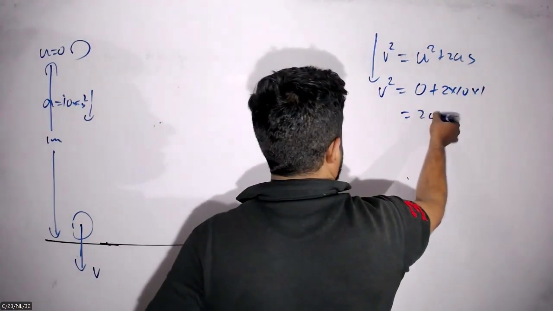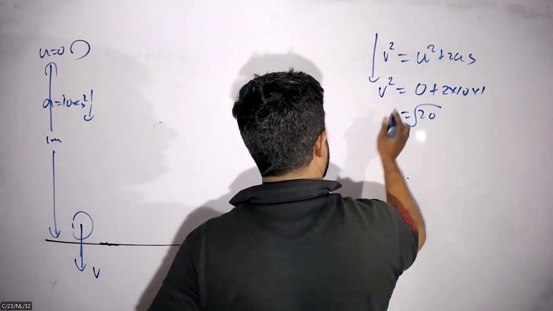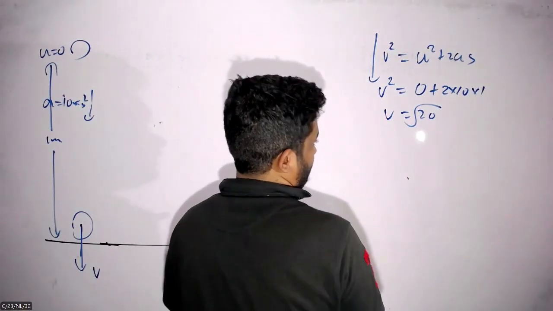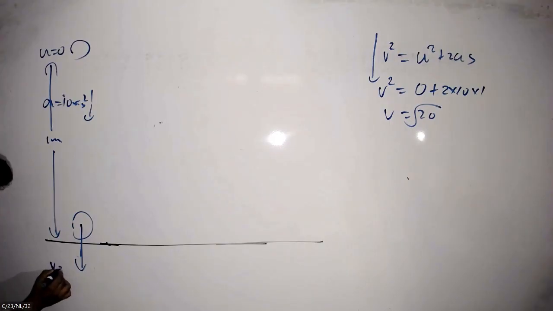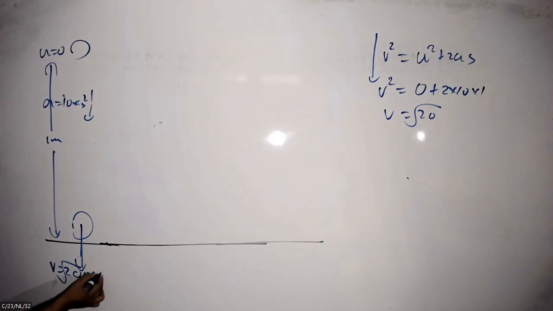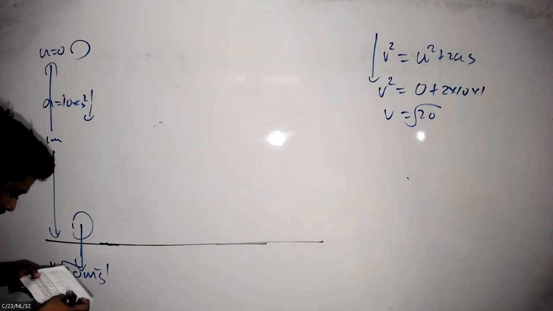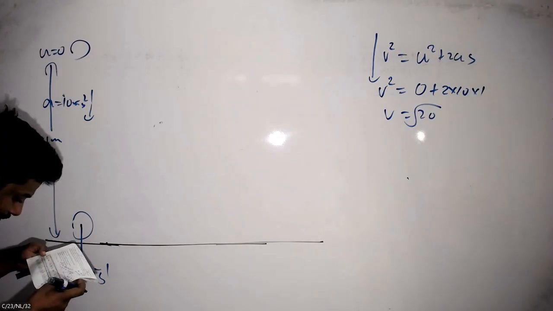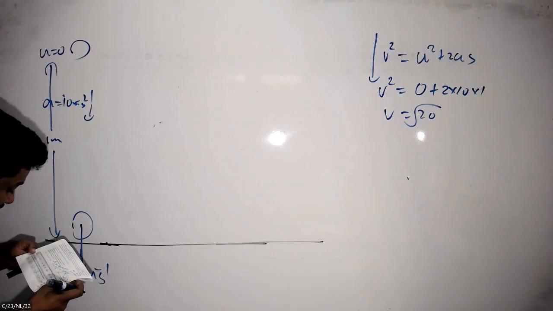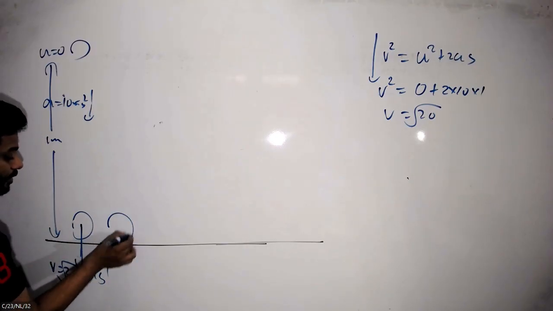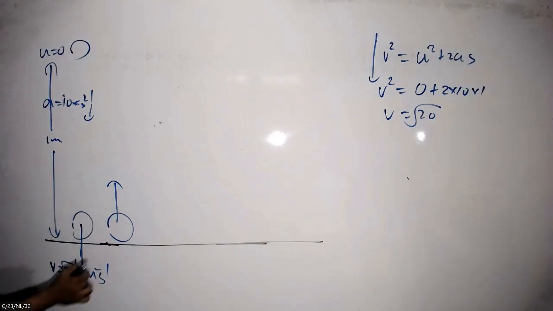Then square root 20 is equal to the velocity of the ball just before collision. This velocity is equal to square root 20 meters per second. Then, according to the question, if its speed is reduced by 25% at each bounce, then you can obtain velocity just after the collision.